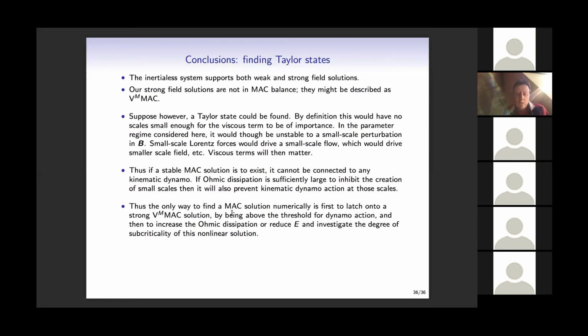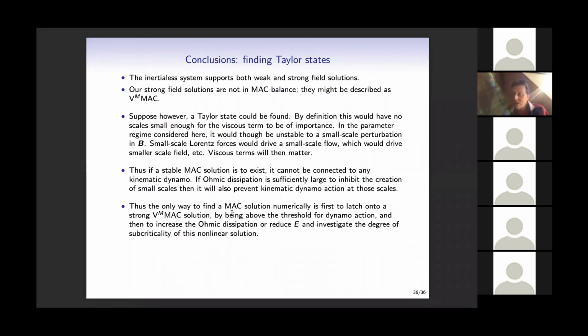So how might we find a Taylor state? We are not far enough down the branch, is our feeling. We are in a strong field branch. That's true. So we're not connected to the kinematic regime, but on our small scales, we are still generating small scale fields. And you could see that going way back to that plot that I showed where the small scales were coming up.